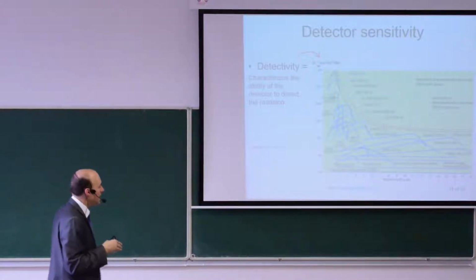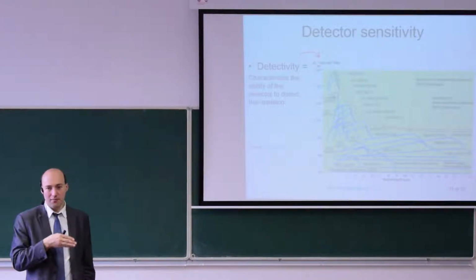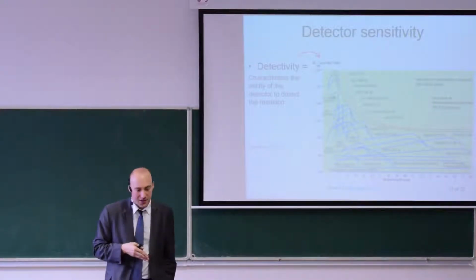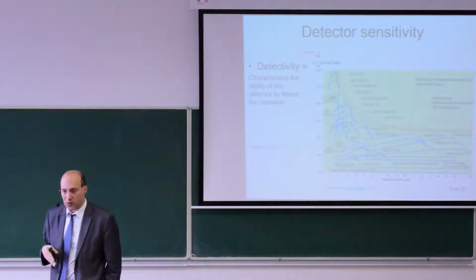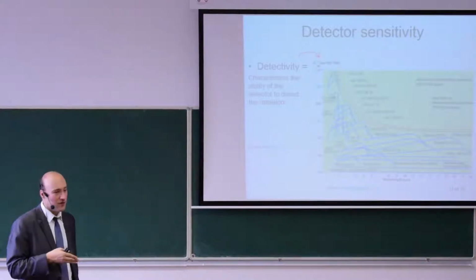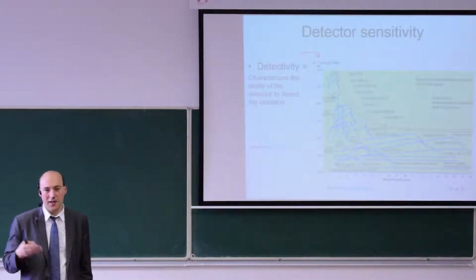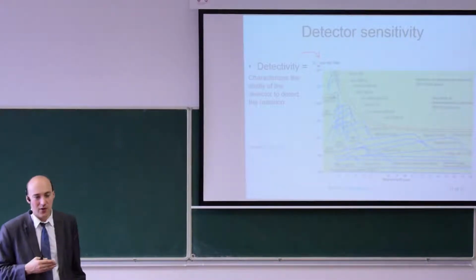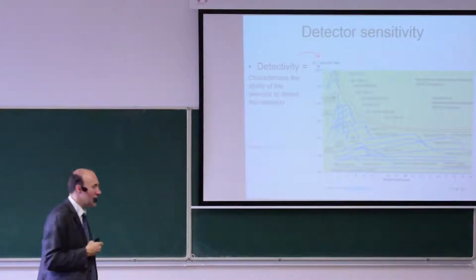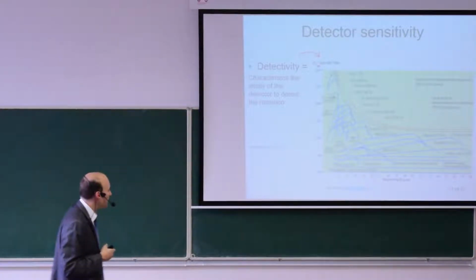So I need to adjust the detector and the optics based on my application. If you go and buy a thermal camera, they will ask you in what temperature range you want to use it. If you want to use it for 500 centigrades, or if you want to detect some bodies in a forest that will have like 20 or 30 centigrades. And you need to make a choice in this sense.